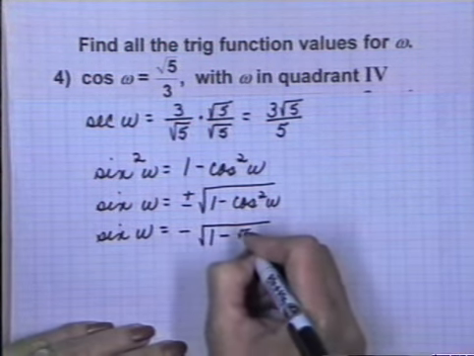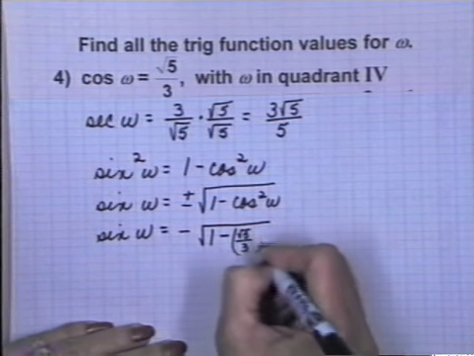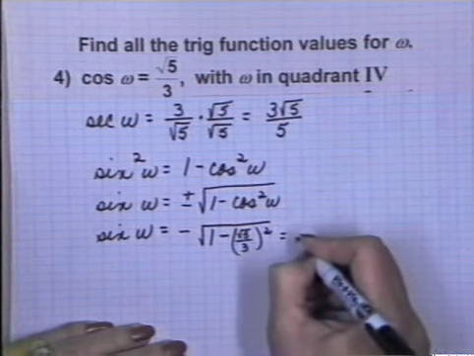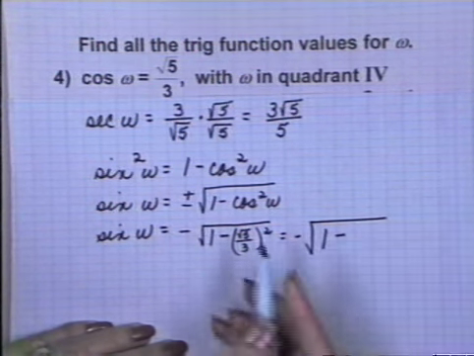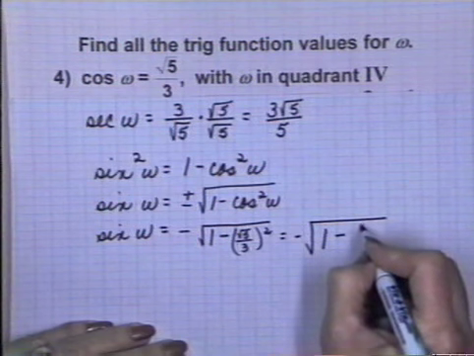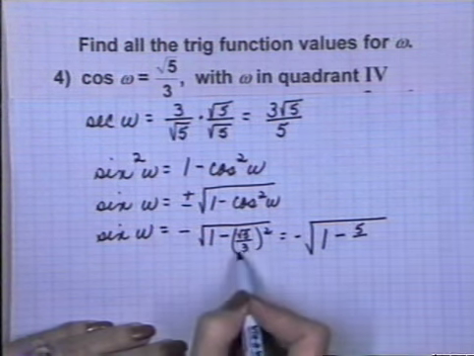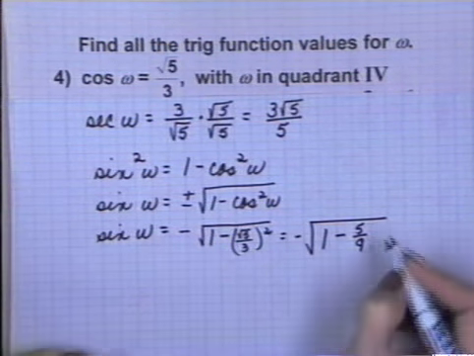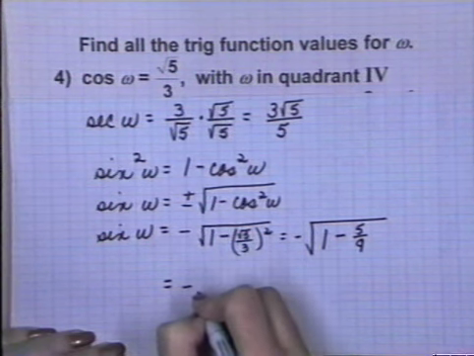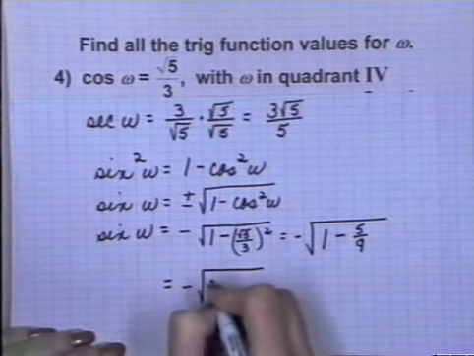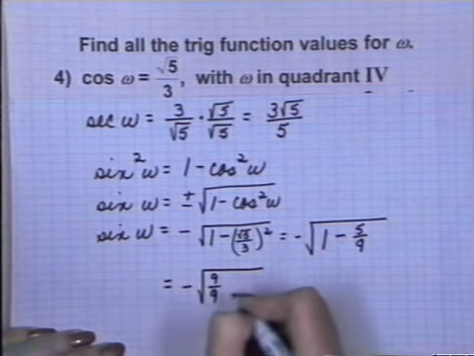So we'll put our negative, and so we'll have 1 minus, and for the cosine squared of omega, let's put the square root of 5 over 3, and we want to square that. When we square the square root of 5, we get 5. When we square the 3, we get 9. So we'll have our minus. We'll write our 1 as 9 ninths.